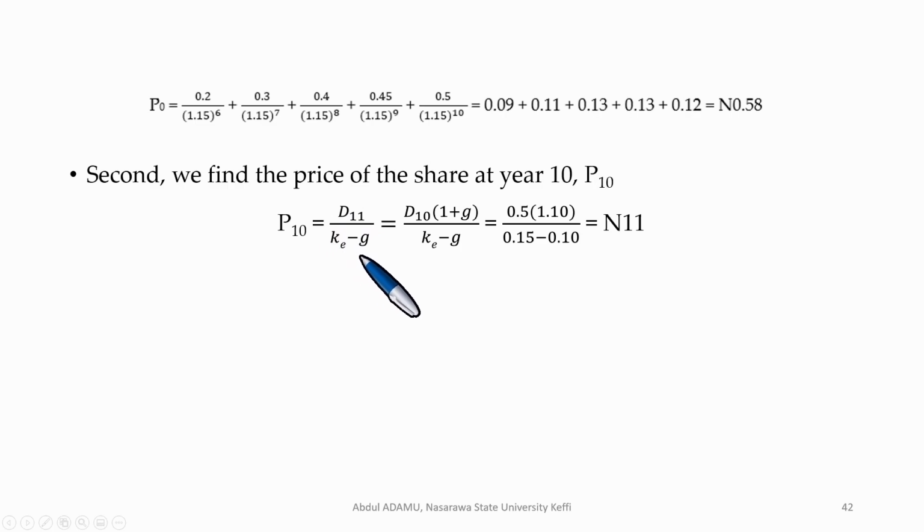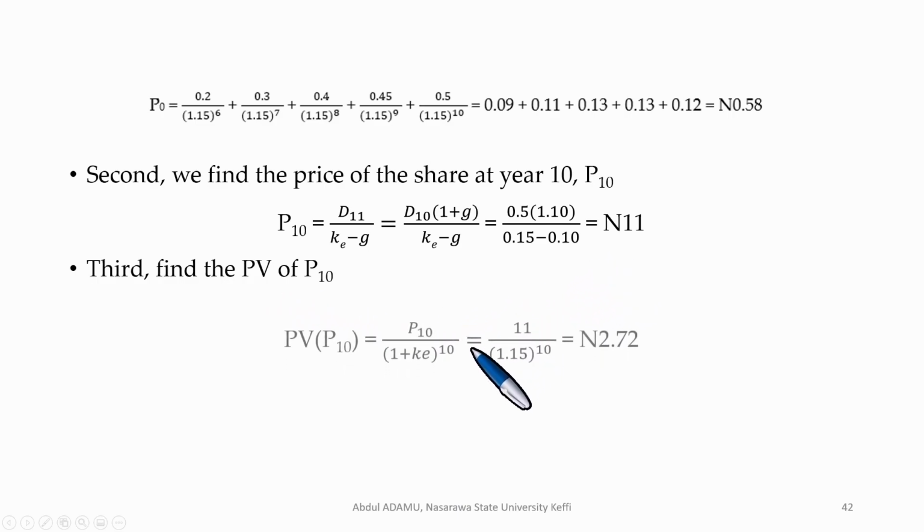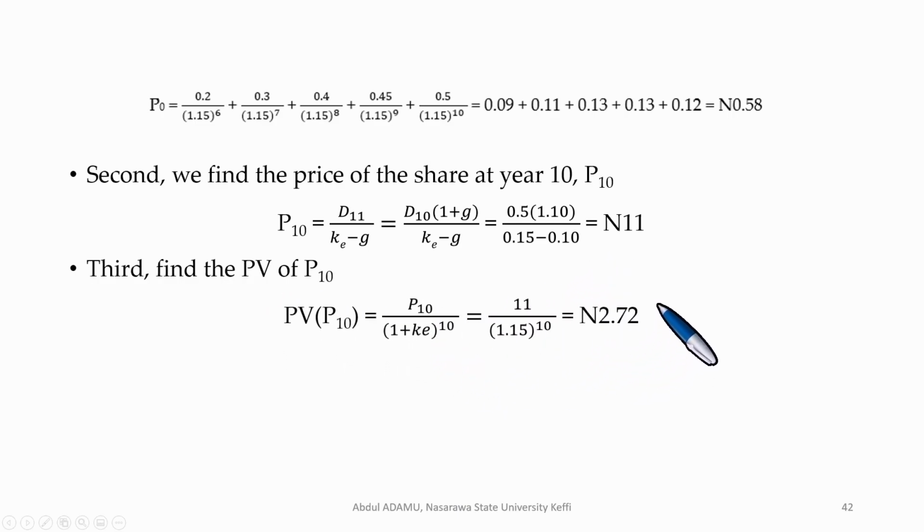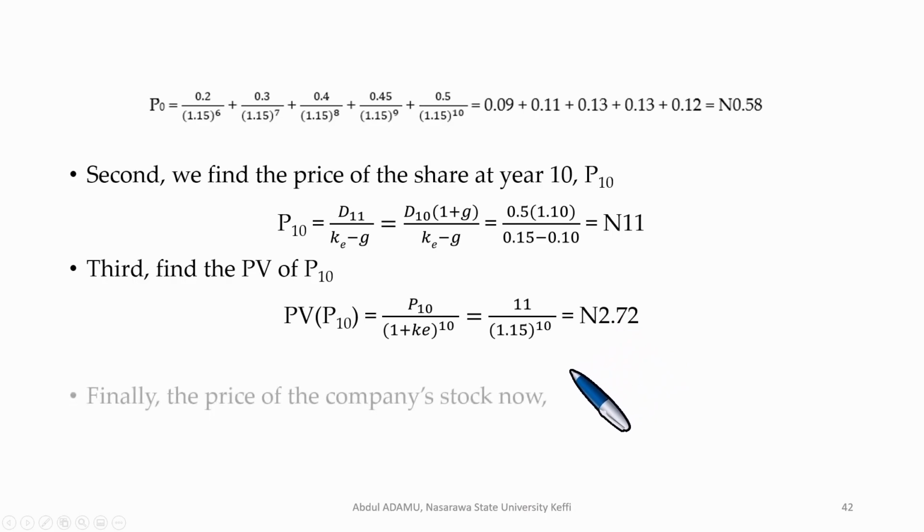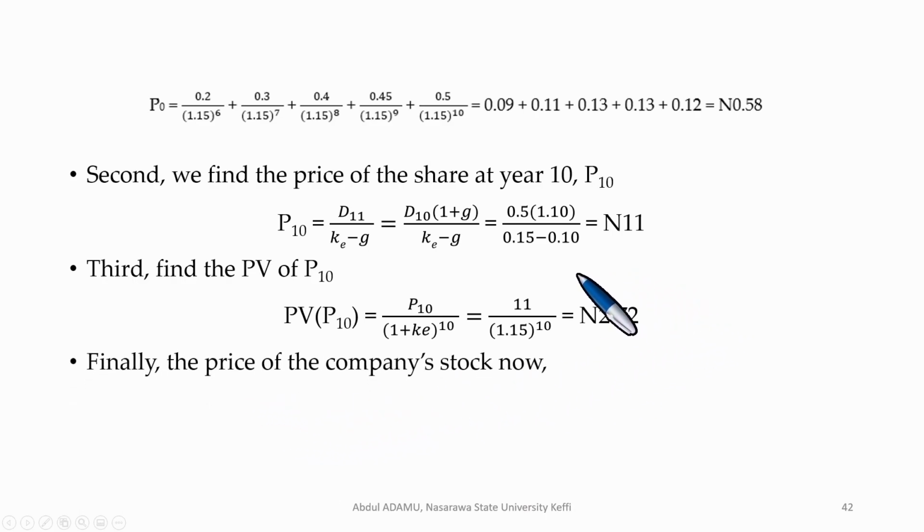So this is the Gordon growth model. Here is 10, then you need the dividend for year 11. Once you put your value inside, you get 11 naira, then we discount this 11 naira back by finding the present value, which gives us 2 naira 72 kobo. Then finally we add this value and this value to arrive at the price of the stock.